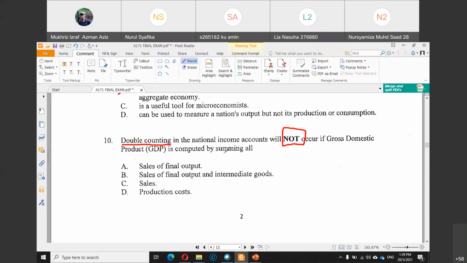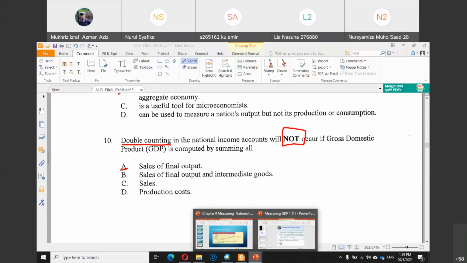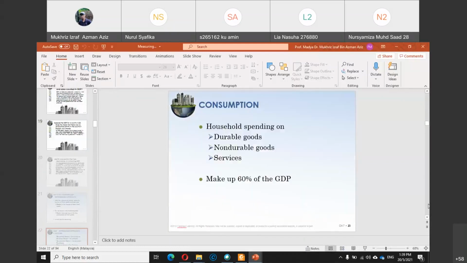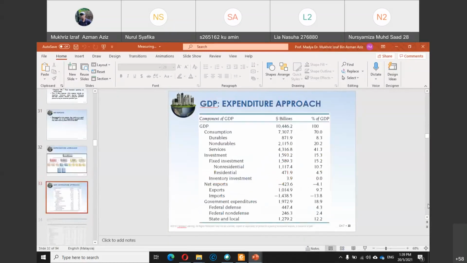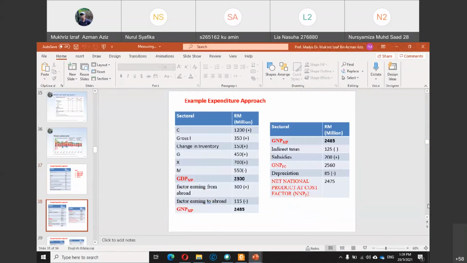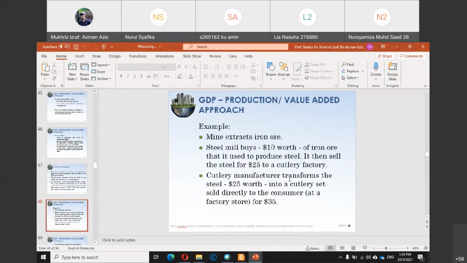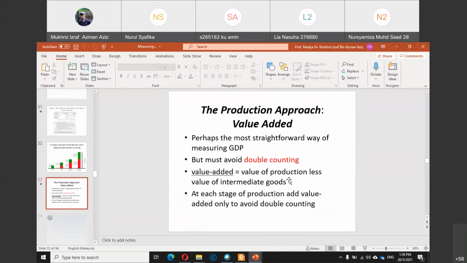You choose D, production cost. It will not occur if you only sum A actually, which is the sales of final output. If you recall from the slide, the issue of double counting in the value added approach is when you add intermediate goods.